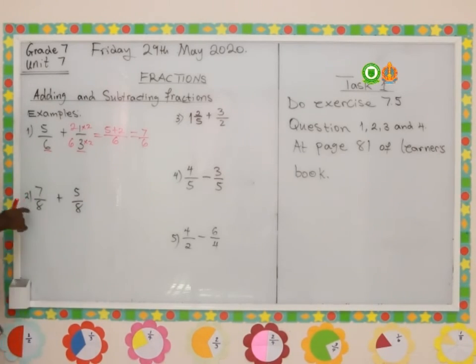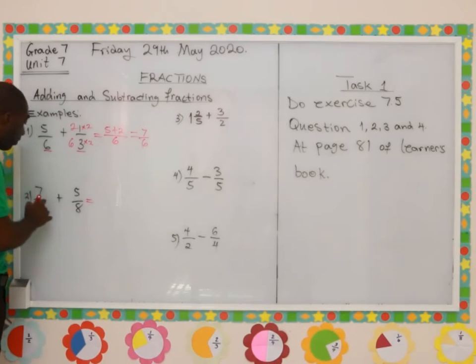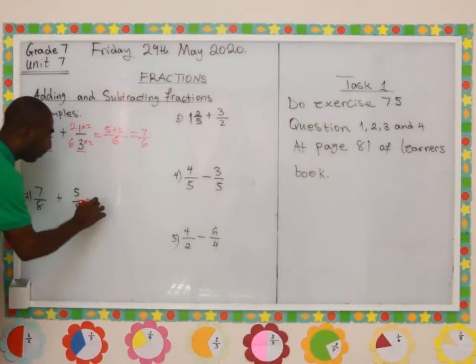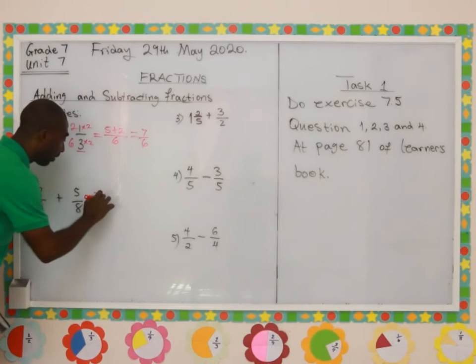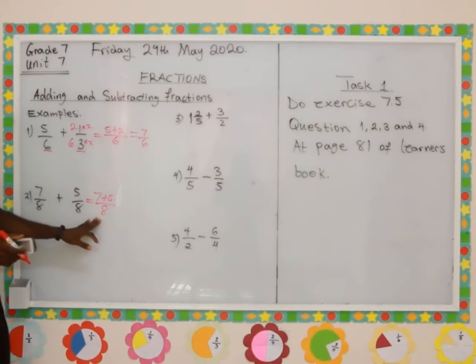Okay, our second example, we are fortunate to have the same denominators, which means we don't have to change anything, so we can go straight and do our addition. So we are adding the top ones, which becomes 7 plus 5 all over 8.